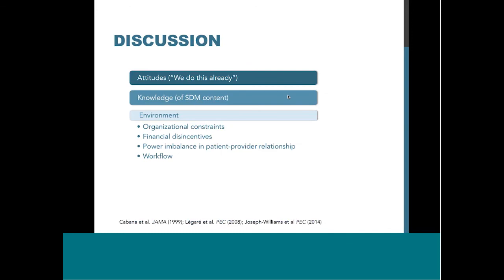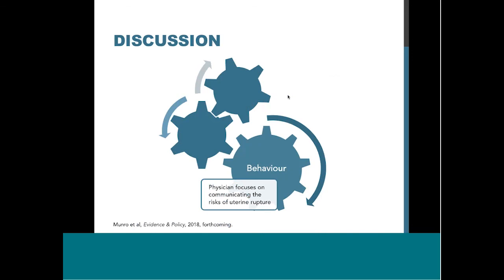As I mentioned, these factors had come up in previous reviews on implementation of shared decision-making, but when examined in isolation, these discrete barriers and facilitators have provided a bit of a narrow perspective on the factors that support or impede evidence-based practice for birth after cesarean.